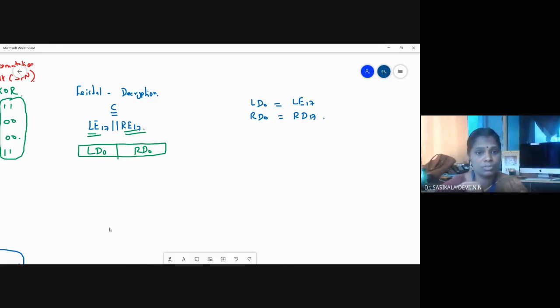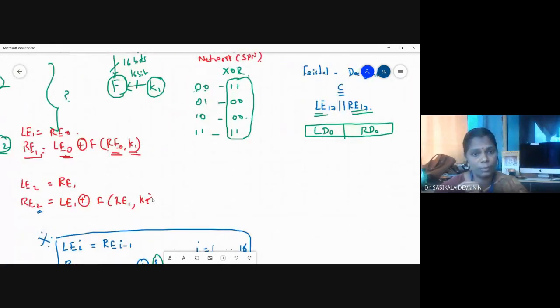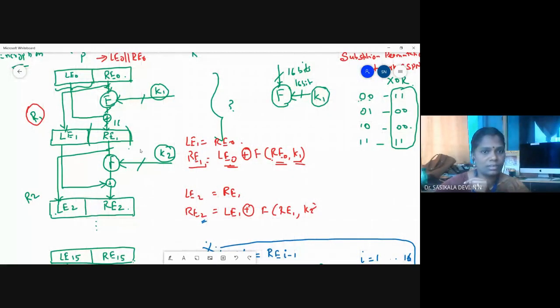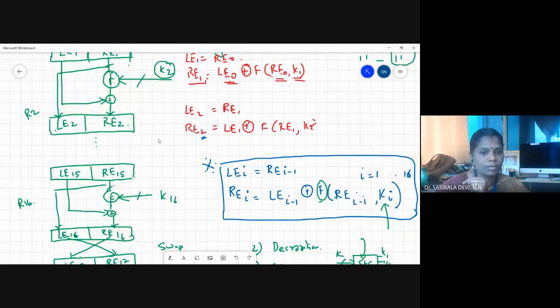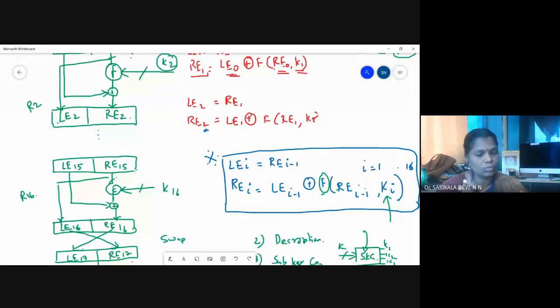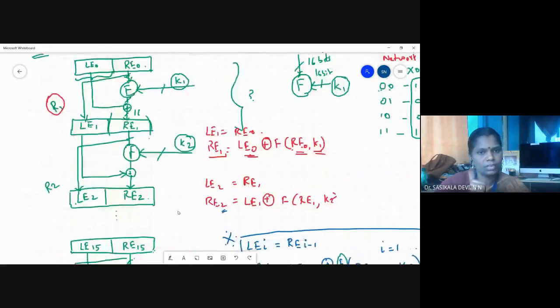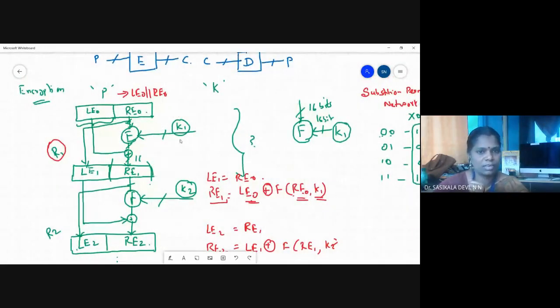In encryption, we did swapping only at the end, and decryption should follow the same rule. You should not try to reverse this back; the swap should happen only at the end. So the first round is exactly like this, because encryption and decryption are based on the same hardware.